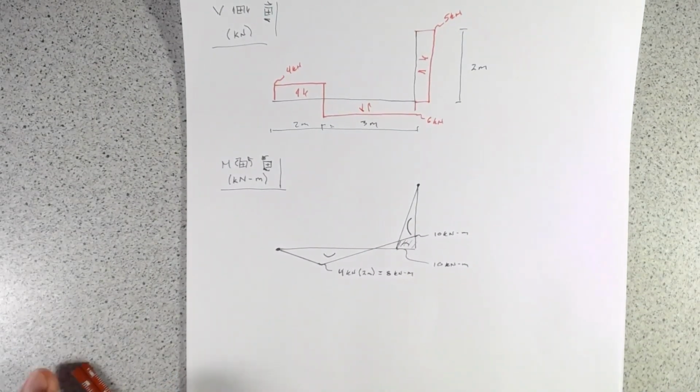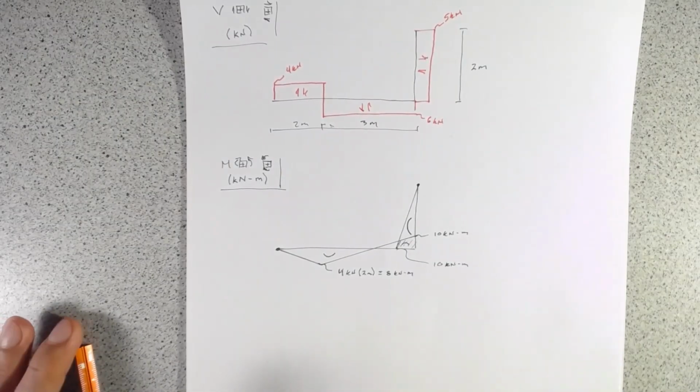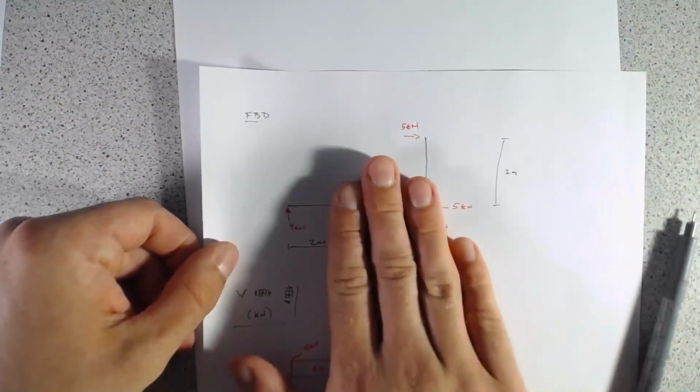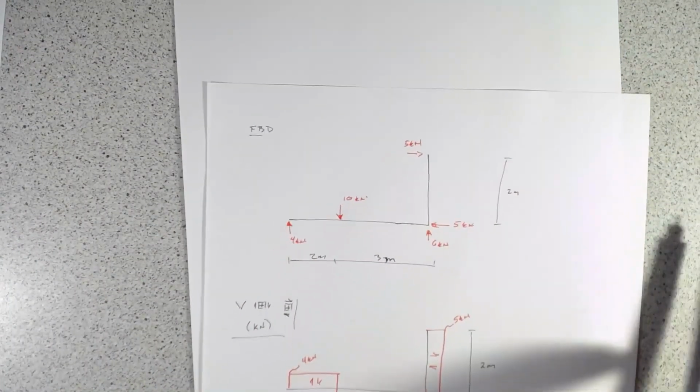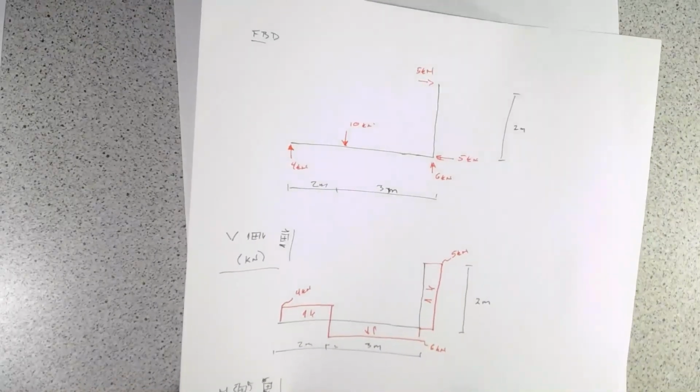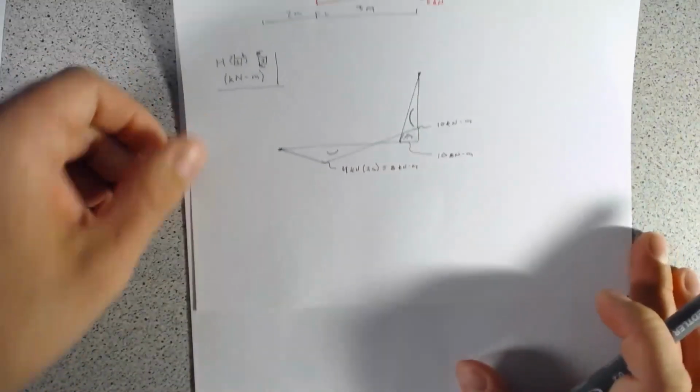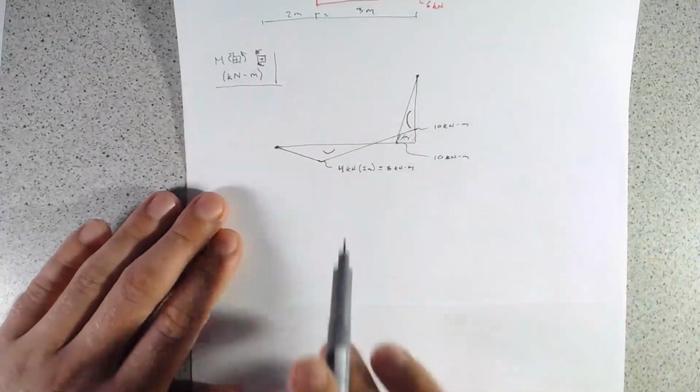And if we were to take a free body diagram cut right at that same location, and we were to find the internal moment, that's exactly what we would end up getting. And that's really all we're doing when we do this graphical method with the shear force diagram.